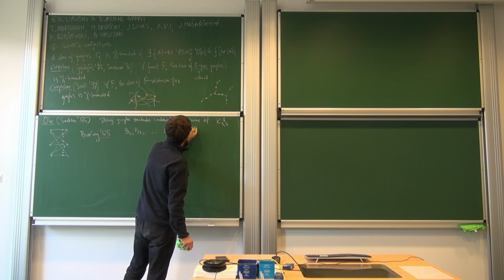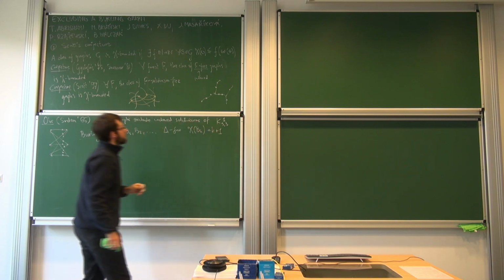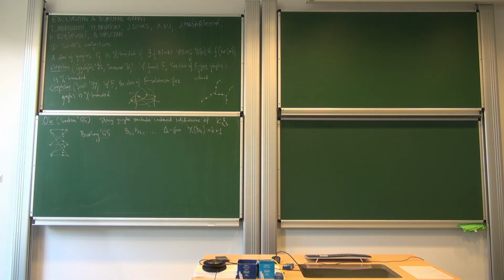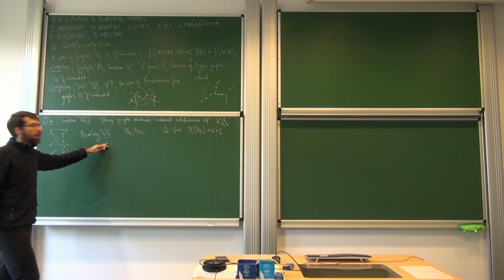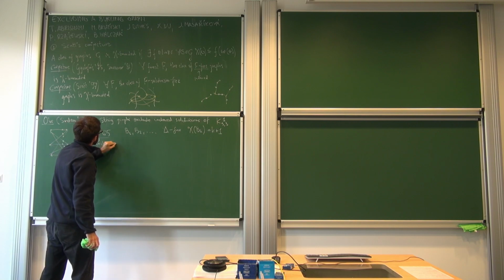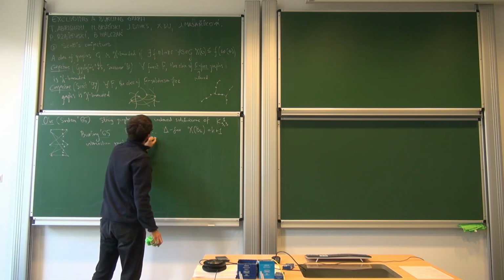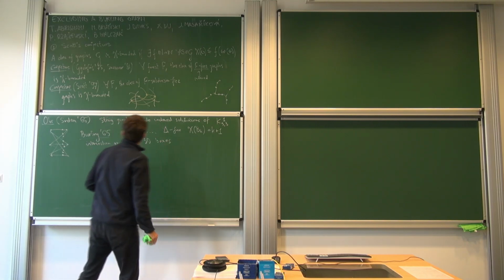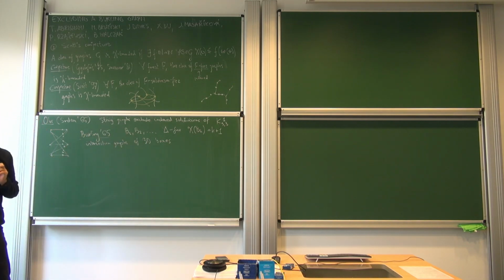They have large chromatic number, so say the chromatic number of B_k is equal to k plus 1. And they are representable as intersection graphs of three-dimensional boxes.